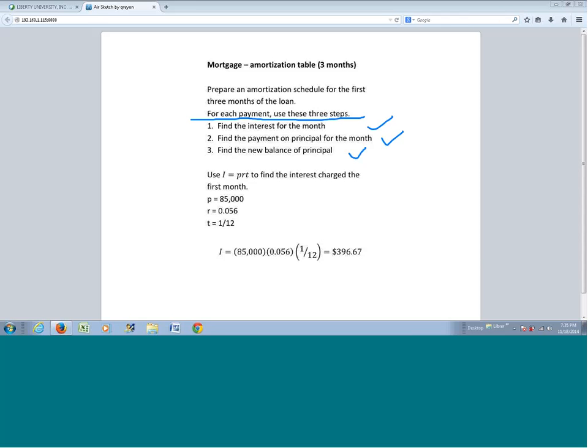Okay, so to find the interest charge just for the month, we can use the regular I equals PRT interest formula, and my principal is $85,000. We're going with the same example. $85,000, the interest rate's the same, but notice I put 1/12 for T, and that's because T is in years, but we want 1 month.